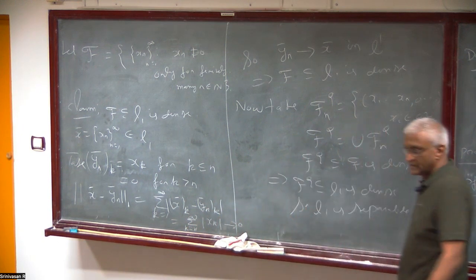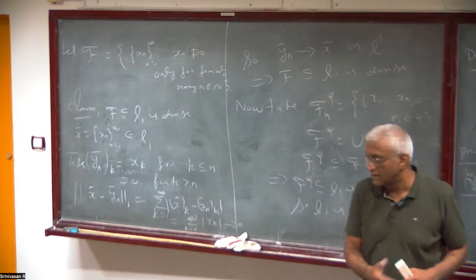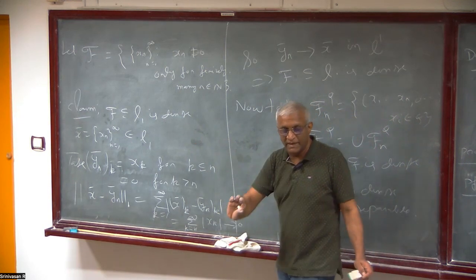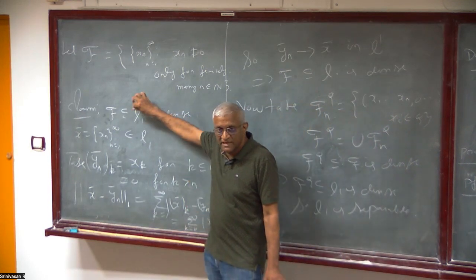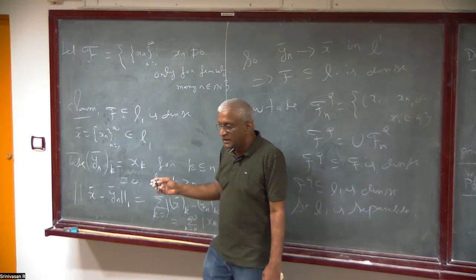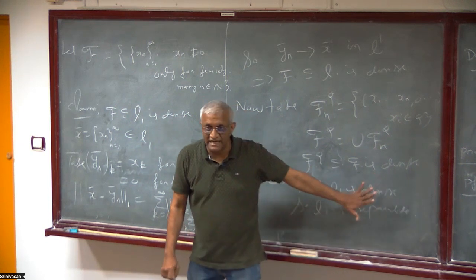If you have any doubt, or if you want me to go through the argument again, tell me. What is happening? You want to prove L1 is separable, right? To prove L1 is separable, you have to produce a countable dense subset. The countable dense subset comes later.